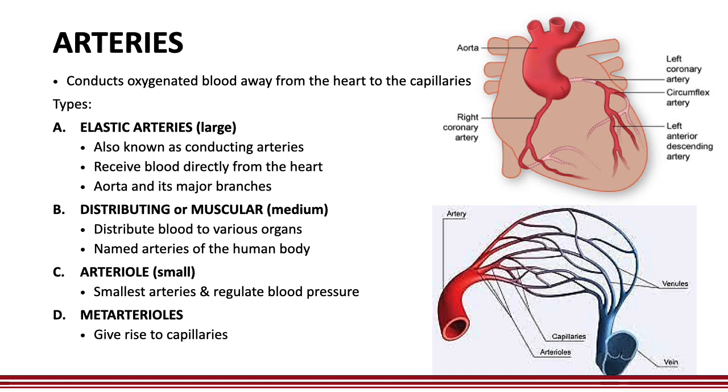They are the smallest arteries and are responsible for regulating blood pressure in the body. Arterioles give rise to smaller branches, and we call them metarterioles. Metarterioles then give rise to capillaries, where the nutrients and important gases diffuse to the tissues.